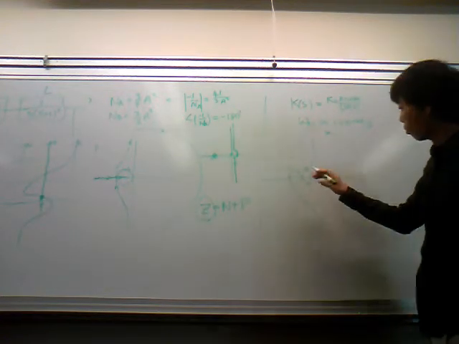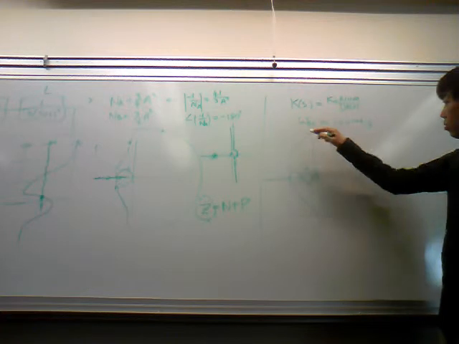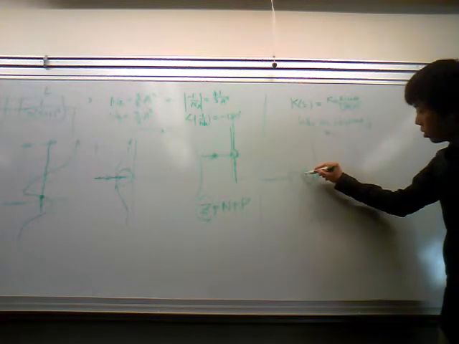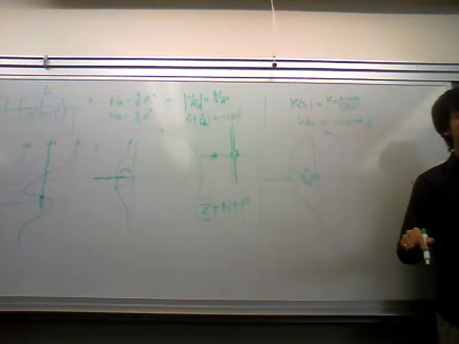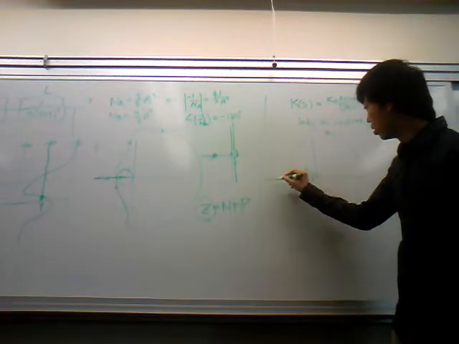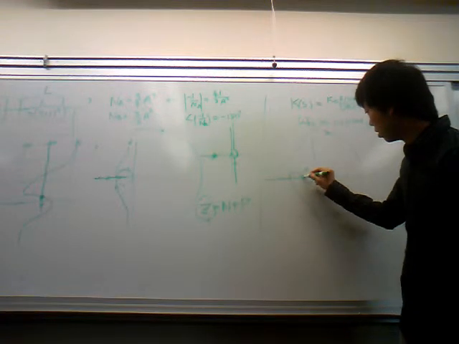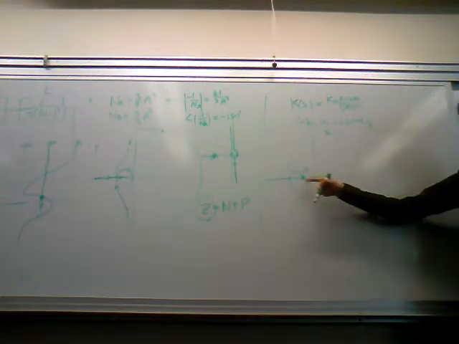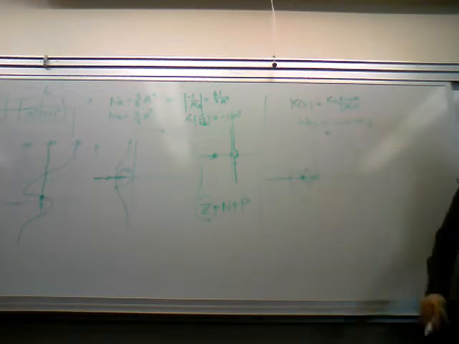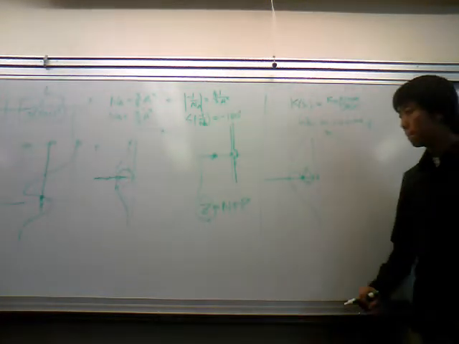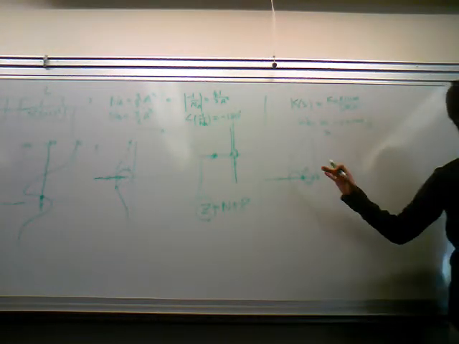There's one encirclement in the other direction and one, so they cancel out. And then over here you get two. So within this region right here, it's stable. So what we want is this intersection right here to occur at a frequency of 100 radians per second. Is this clear?